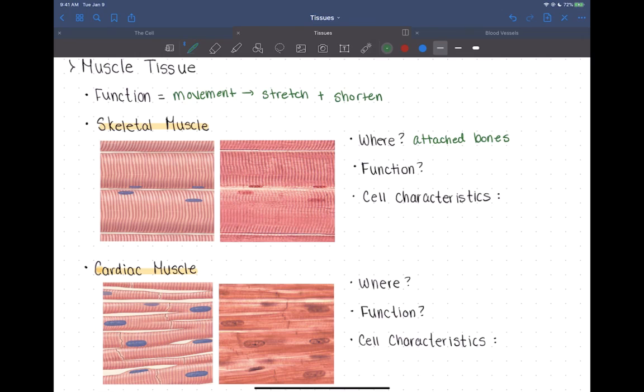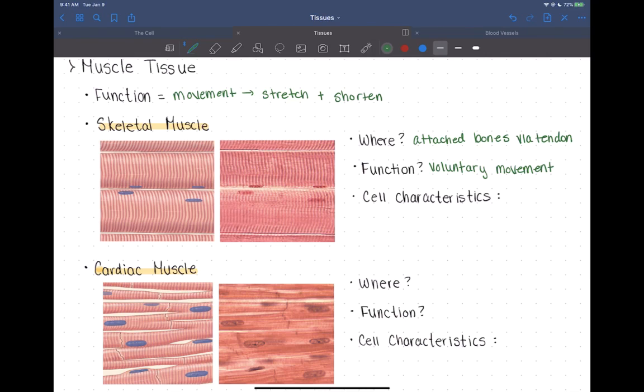Okay, so these are any muscles you can voluntarily control. Those are going to be skeletal muscles. All right, so voluntary movement. Okay, so they're going to be attached to bones via tendons. All right, and remember, tendons are made of dense, regular connective tissue, which we talked about before.